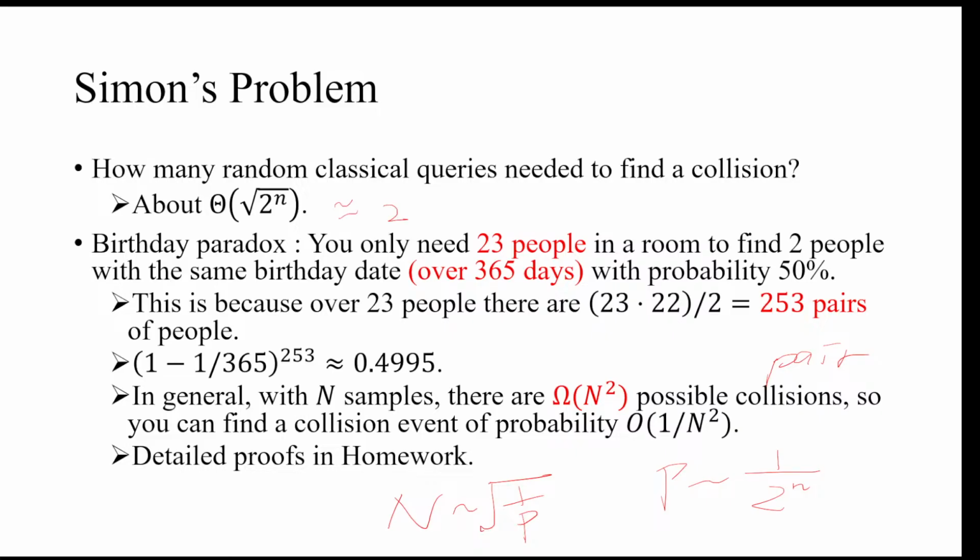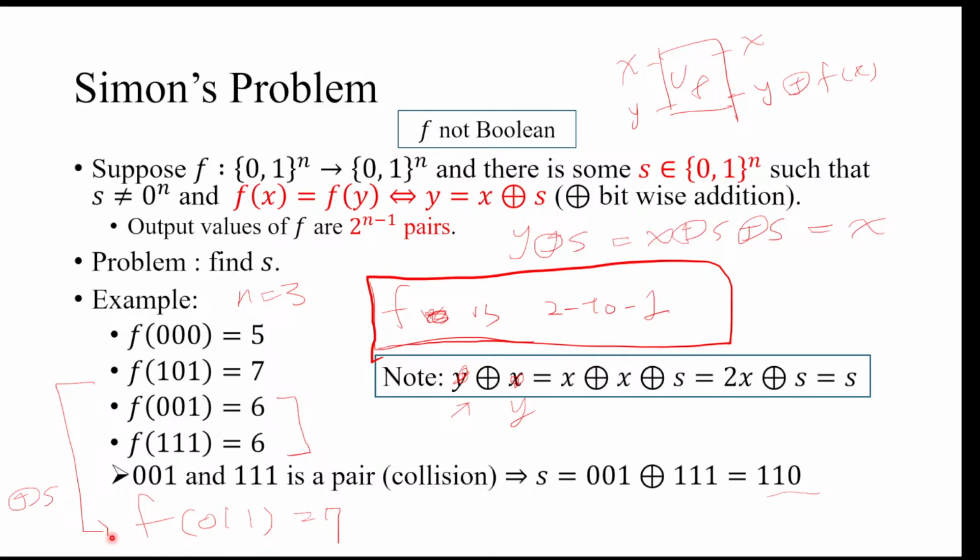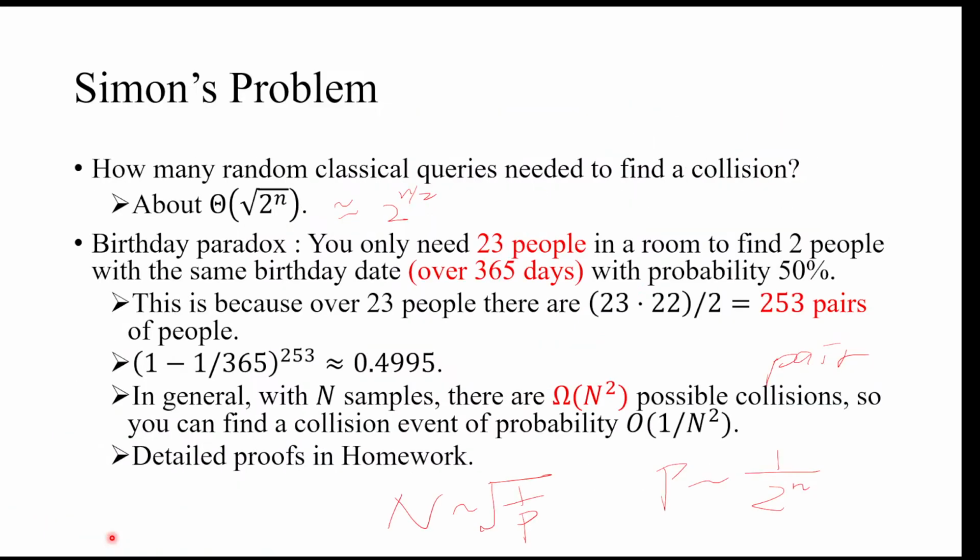It's about 2 to the n over 2. Okay. So this kind of thing we still think is exponential. It's 2 to the order n, or 2 to the theta n. Yeah, so that's Simon's problem in terms of classical.